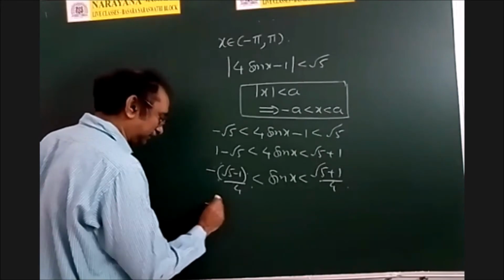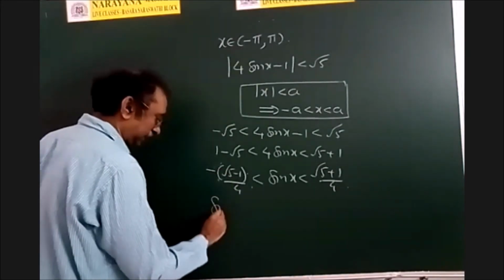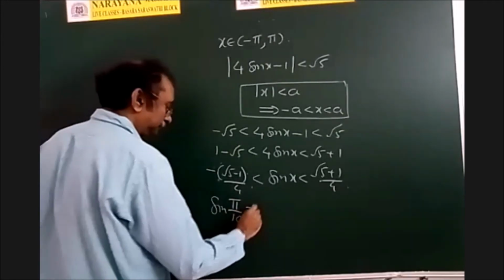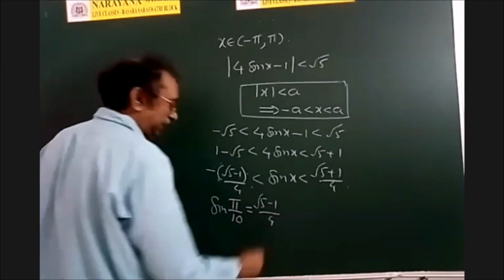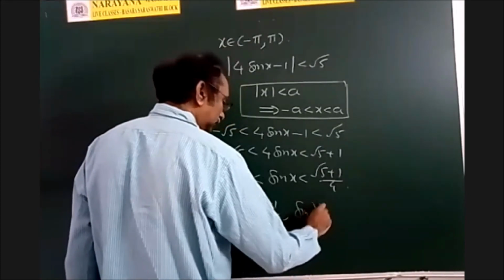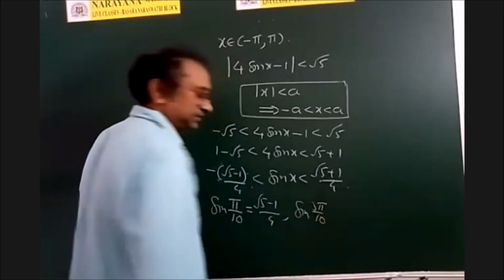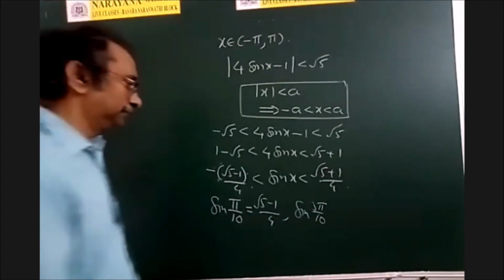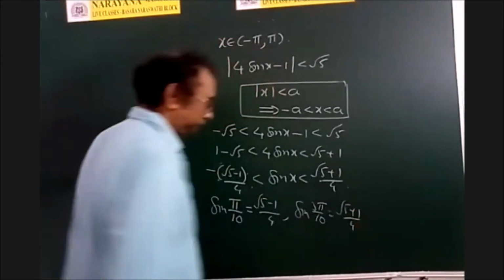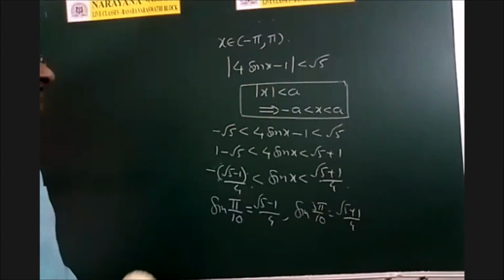Therefore, I can write like this. Sin pi by 10 is root 5 minus 1 by 4, and sin 3 pi by 10, 18 times 3 is 54, is equal to root 5 plus 1 by 4. And now we draw the graph.